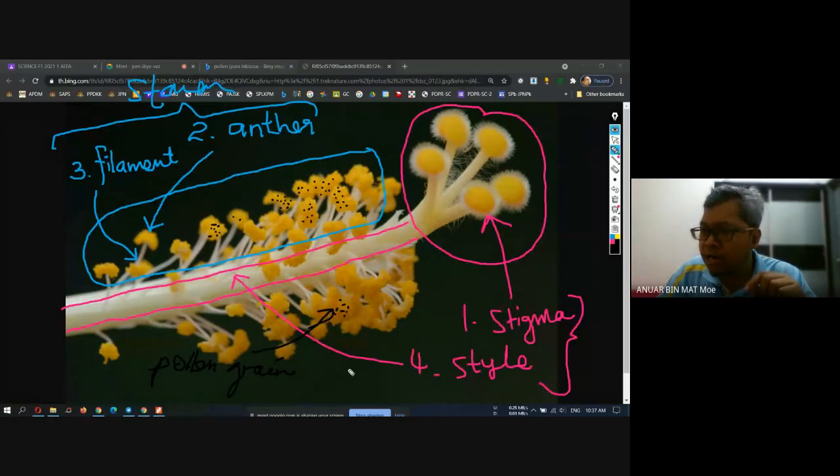So, pollination means what? Anybody? Can you repeat back what is pollination? Pollination is the transfer of what, class? Transfer of pollen grain from where?